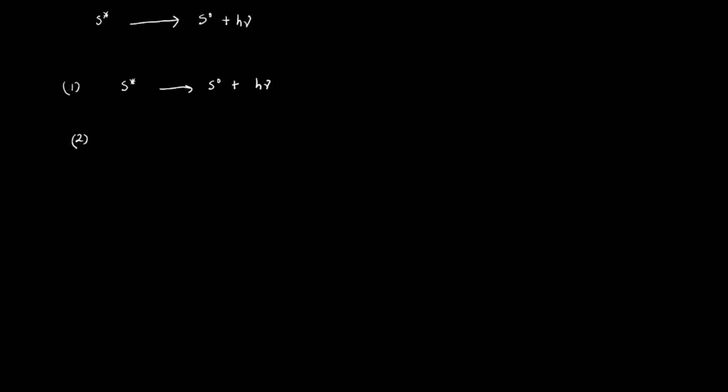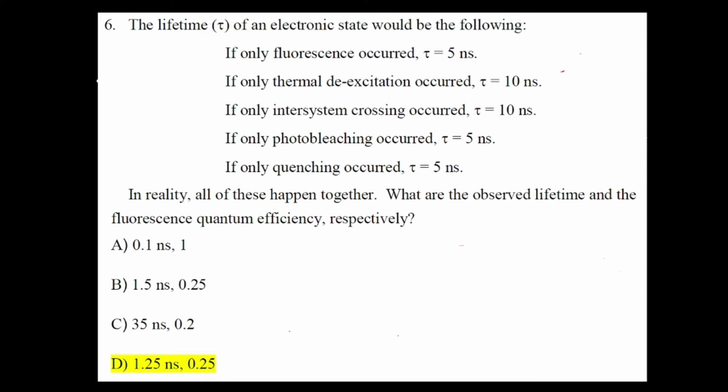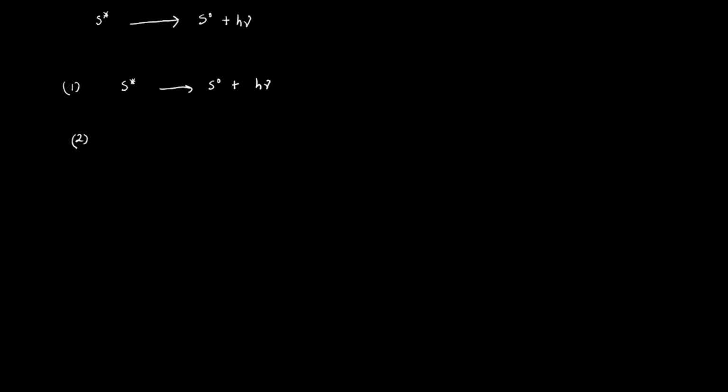The second step is if only thermal de-excitation occurred. What is thermal de-excitation? The excited state particle comes to the ground state. It has absorbed some energy, went to the excited state, then just came back to the ground state.